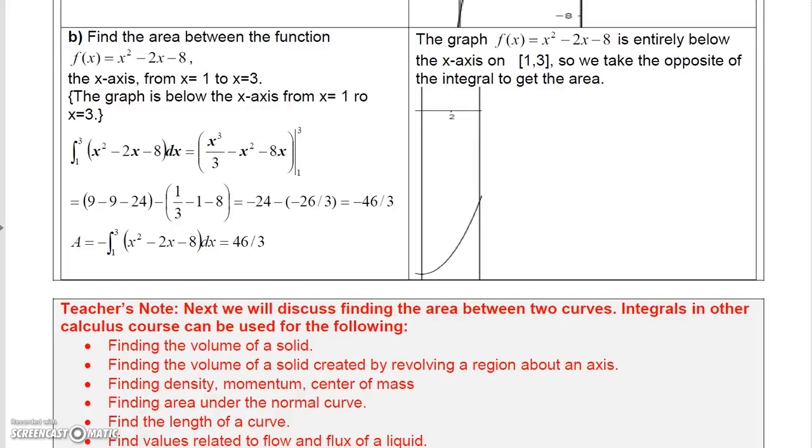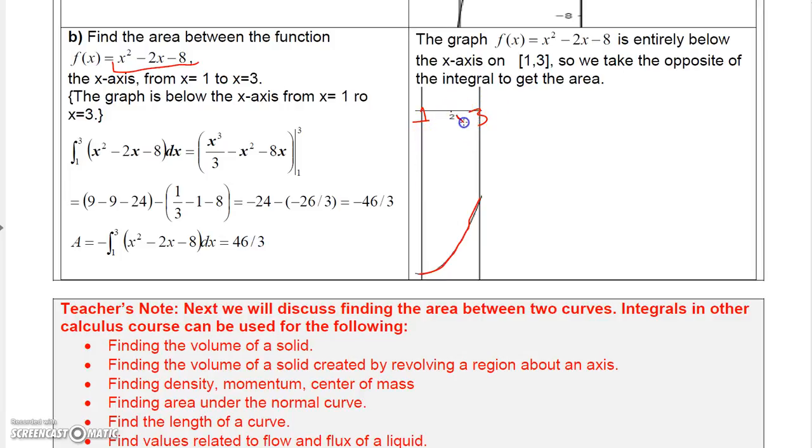Here's another one. If you graph this parabola, you'll see that you'll just get this piece right here. Okay, and we're going to evaluate it from 1 to 3. So here's 1 and here's 3. But notice the parabola lies entirely below the x-axis. This is the x-axis. So it lies entirely below.